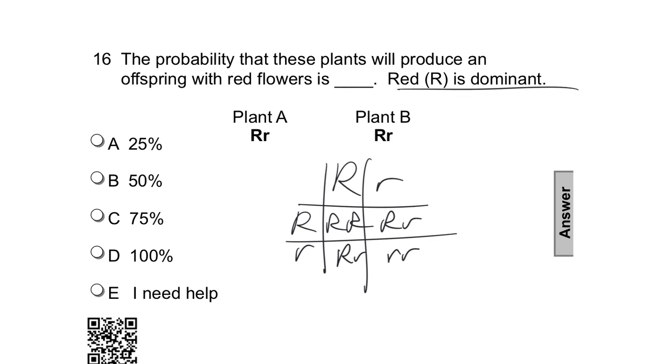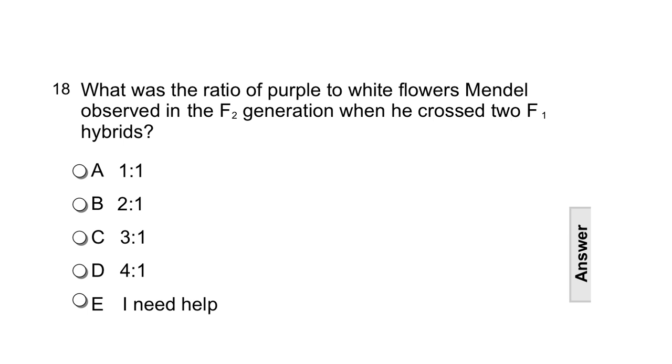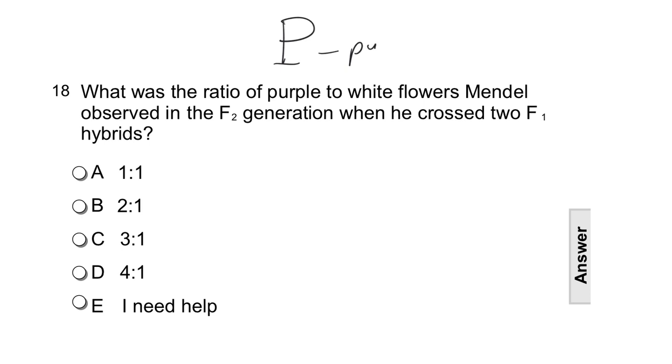So that would be 75%, right? Not 25%. If you have a big R anywhere, it's going to be dominant, red. So 75% red flowers, 25% white flowers. Okay, I'd have to give you that. You don't have to memorize which one's dominant.